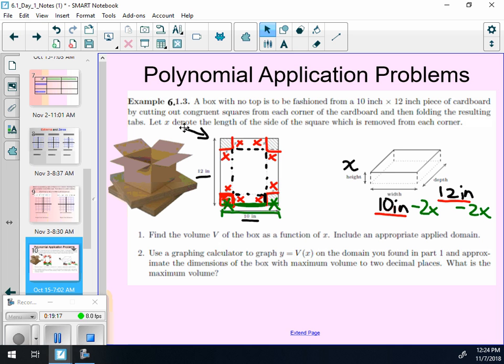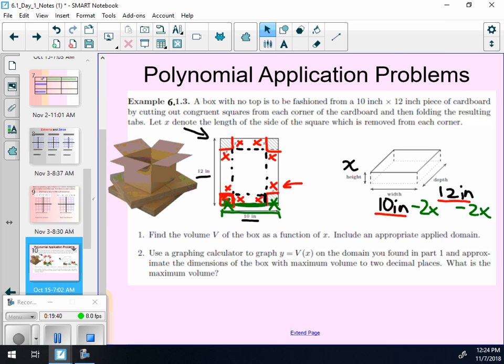All right. Now that we have the dimensions of our box, we want to find the volume of our box. And the reason why we want to do that is because we want to figure out what value of x will make it so that we can fit the most we possibly can inside the box. So we can get a maximum volume. Okay?